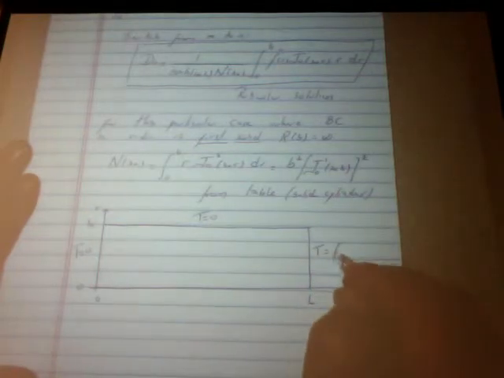The temperature here is equal to 0, the temperature here is equal to 0, and the temperature here is equal to some function of R. This is an axisymmetric solution.